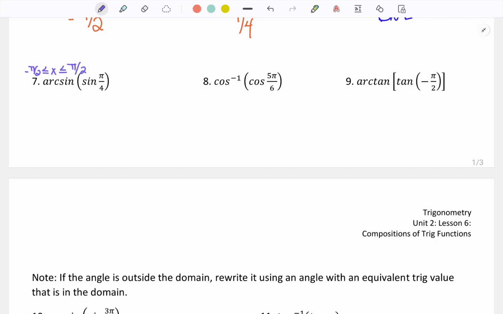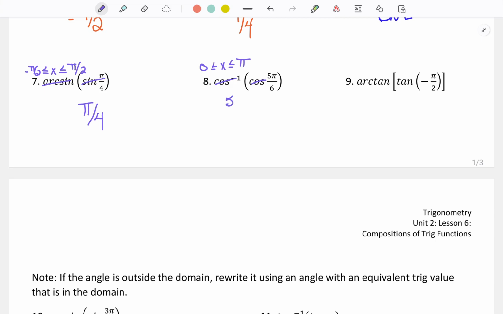So π/4 does fit in between, so these will cancel and you have just π/4. And then for the arccosine of cosine of 5π/6, remember we have to be between 0 and pi. And 5π/6 is between those two values.